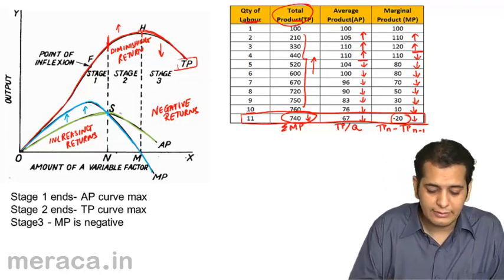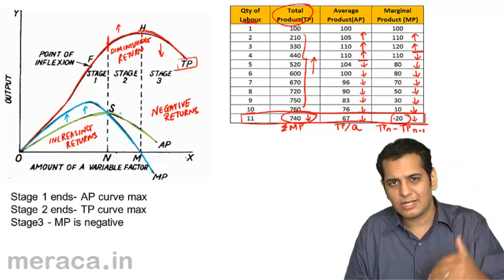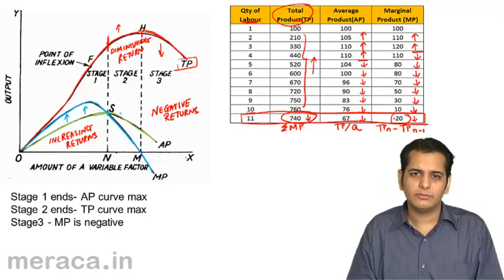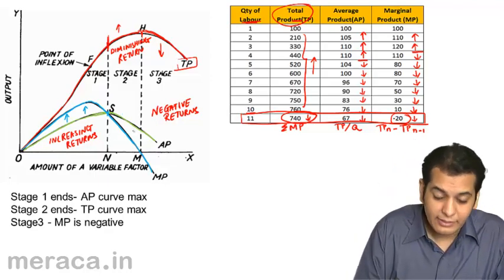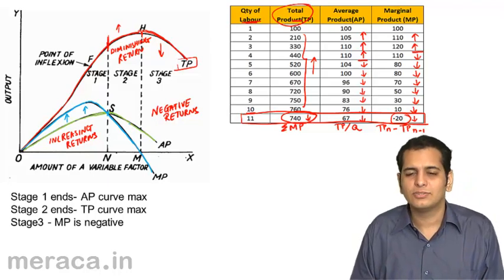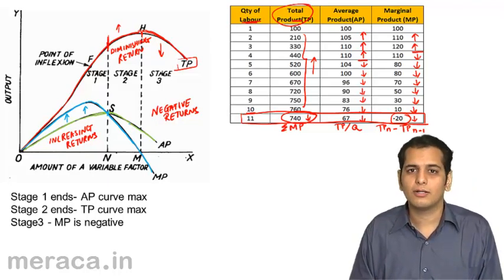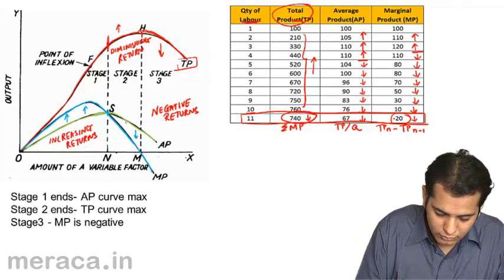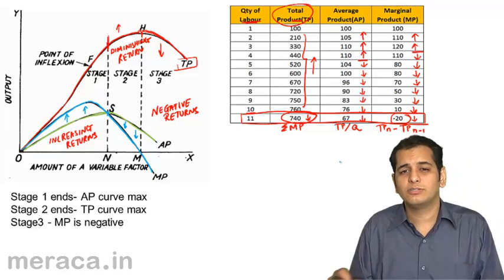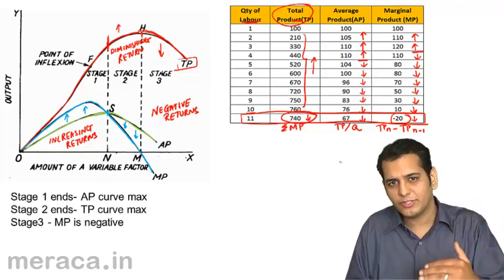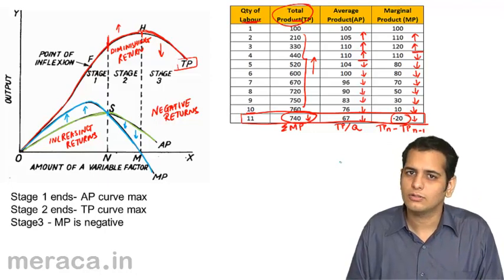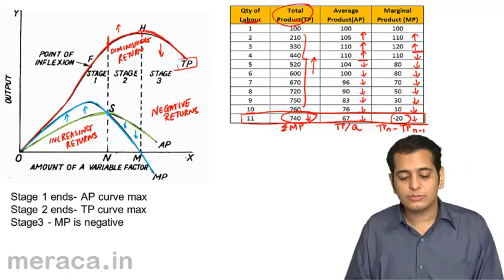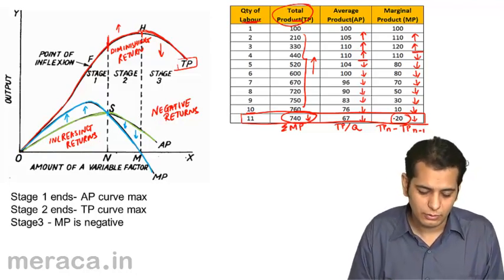However, when the average product curve is cut by the marginal product curve and the marginal product curve goes below the average curve, again the magnetic effect of the marginal product curve comes into action. It then starts to pull the average product curve towards itself, and this is why the average product curve falls or comes down. So this is how we explain the relation between the two.